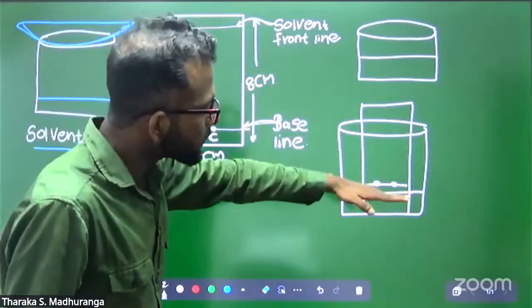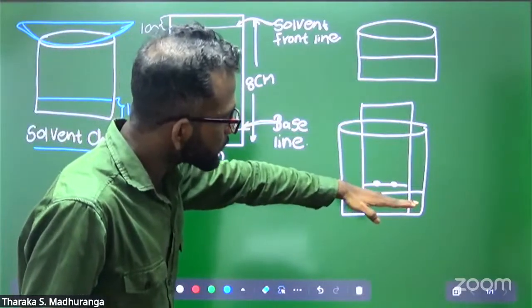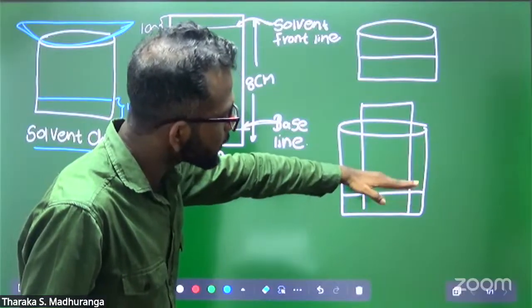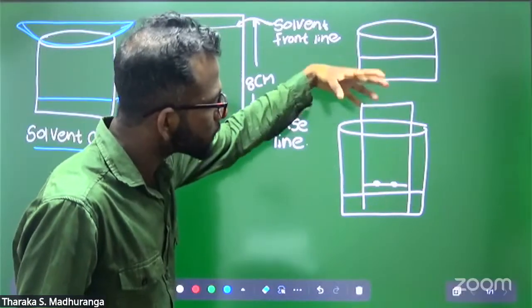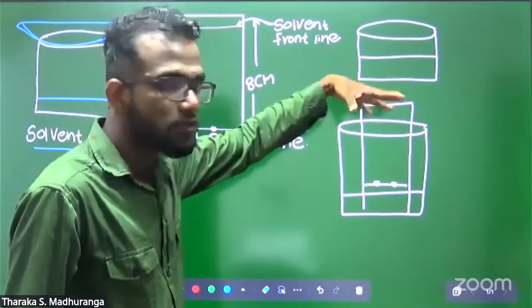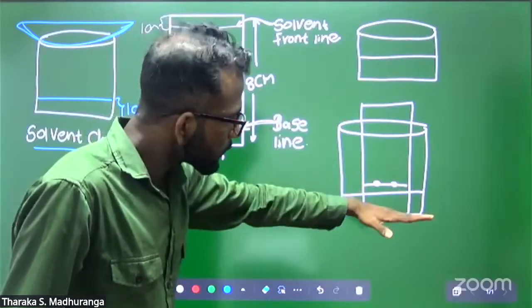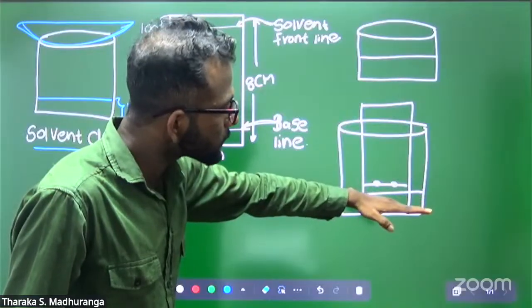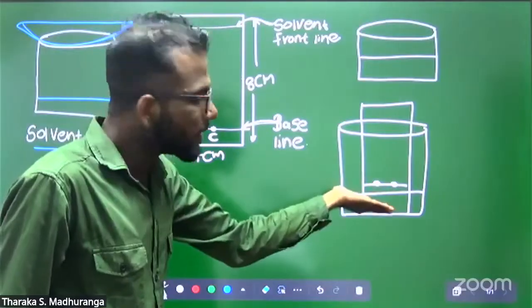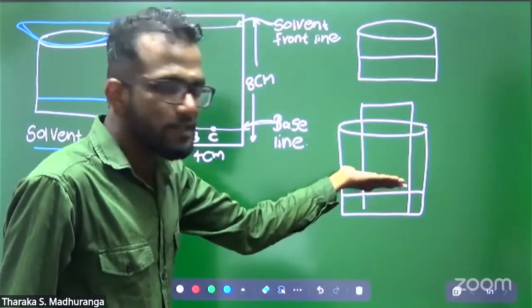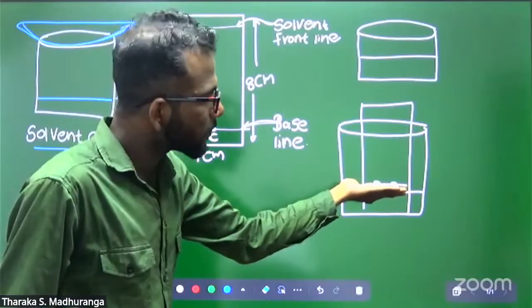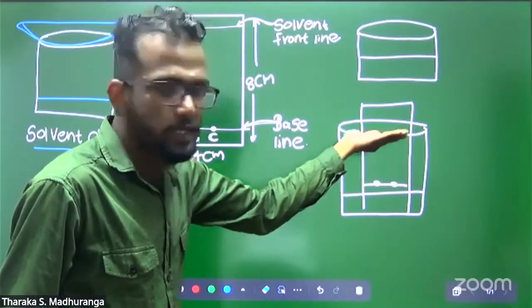When it is placed, we can see the solvent line gradually increasing, because the solvent chamber is already saturated with solvent vapor. We can observe a small color change as it gradually increases.